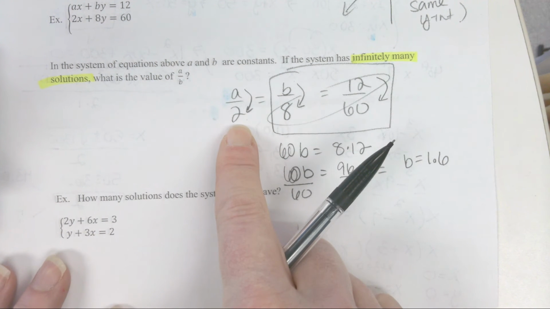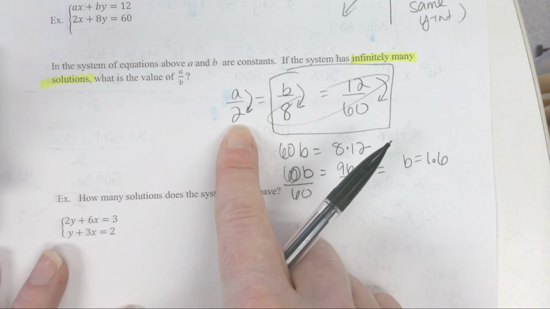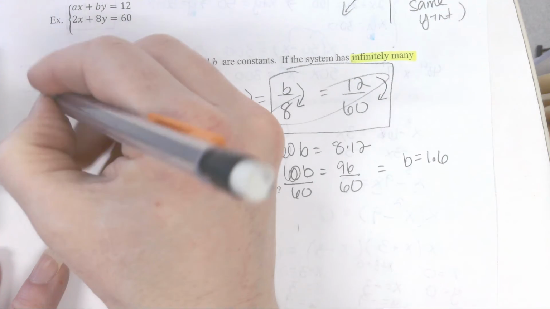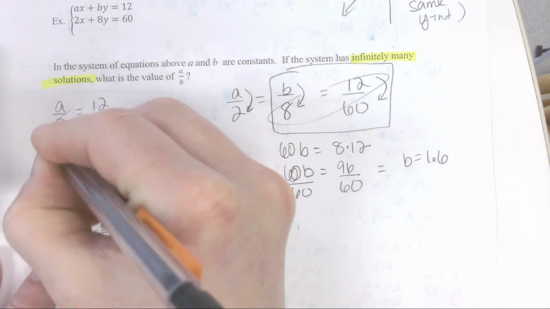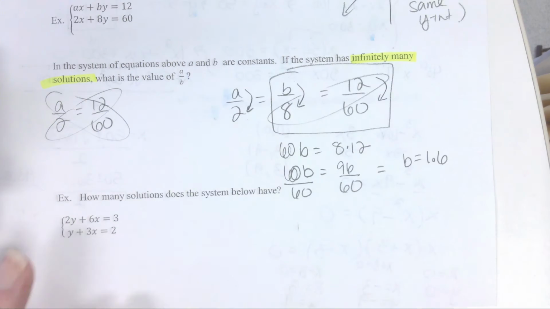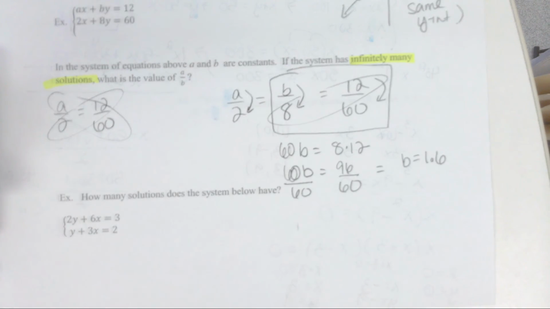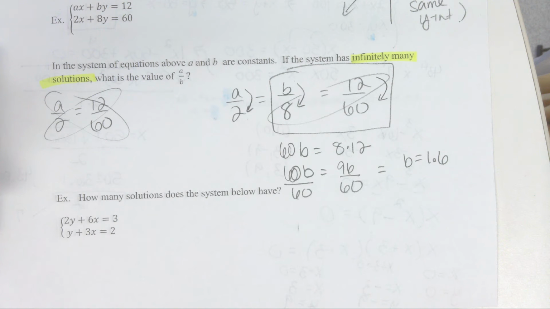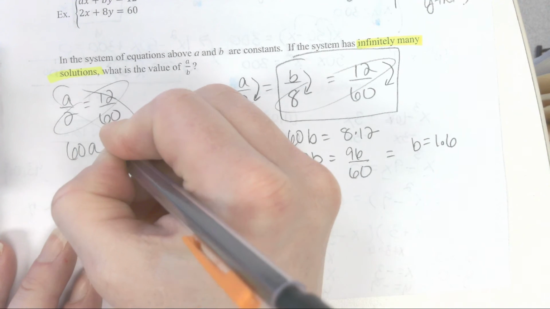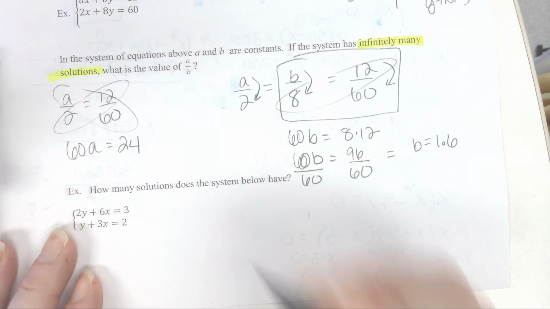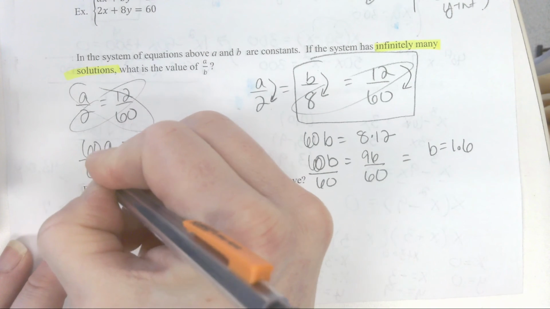Same idea with A. I'm going to do A over 2 equals 12 over 60, and I'm going to cross multiply and solve. Or if you want to just divide them by 5, 2 divided by 5 and 8 divided by 5, that's fine too. So I get 60A equals 24.